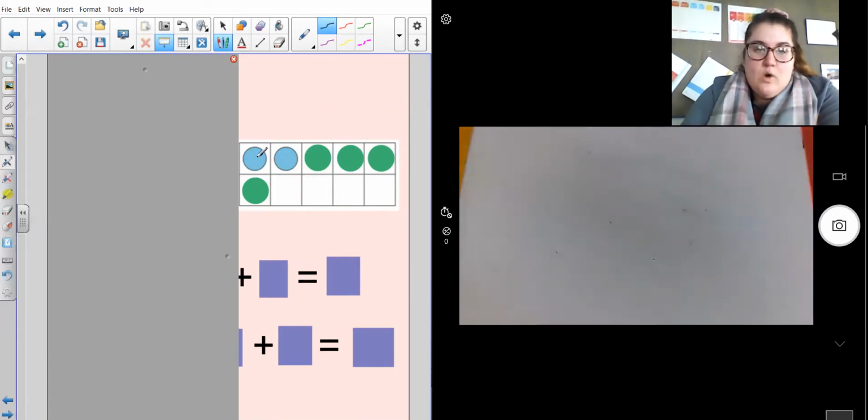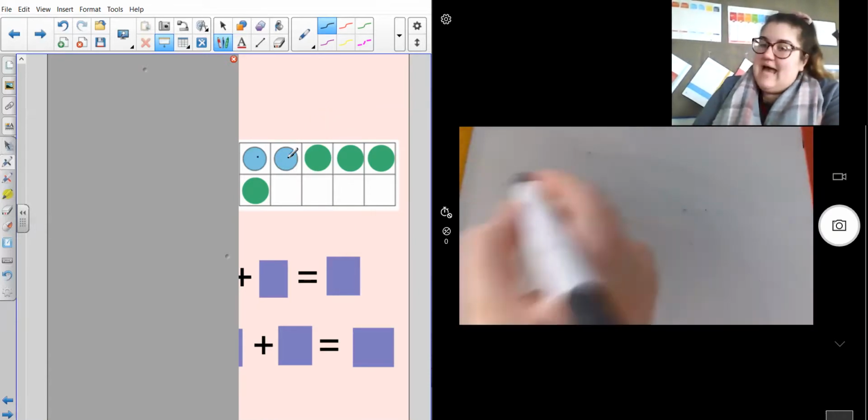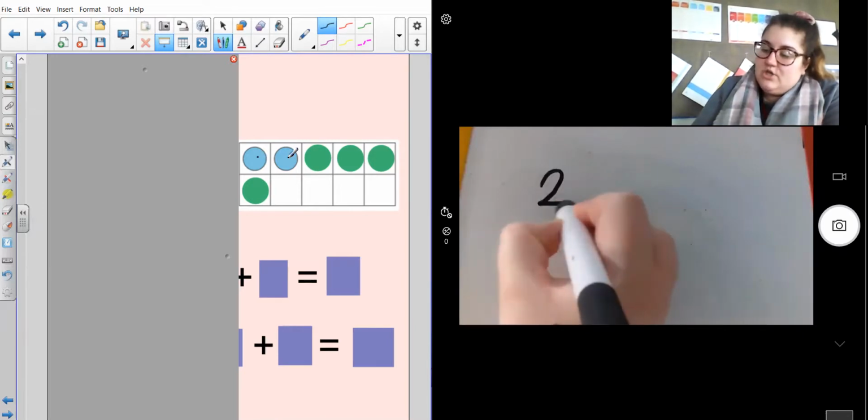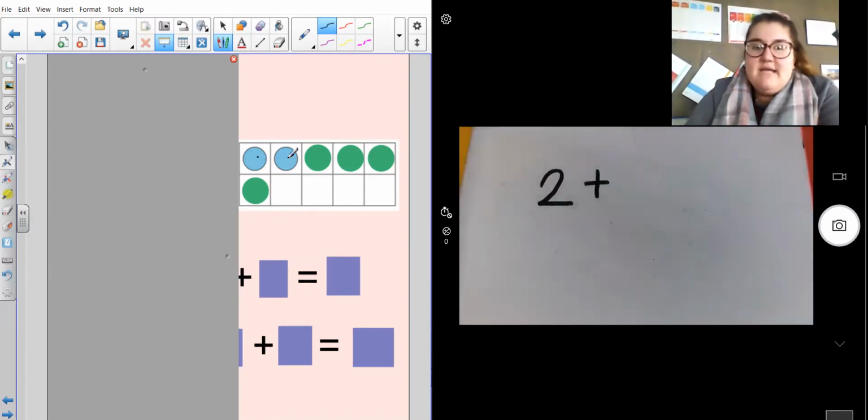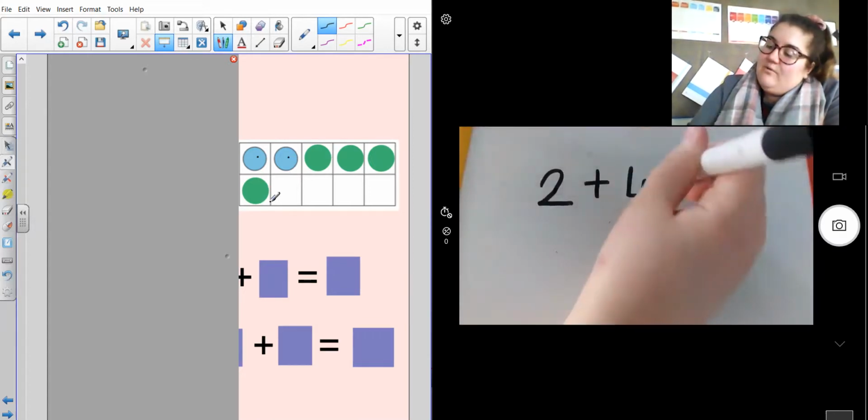So I can see 1, 2. So I'm going to add my ones. 2. And how many green dots can you see? I can see 3 there and 1 more. So I know that 3 add 1 is 4.